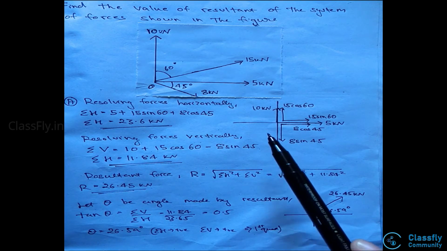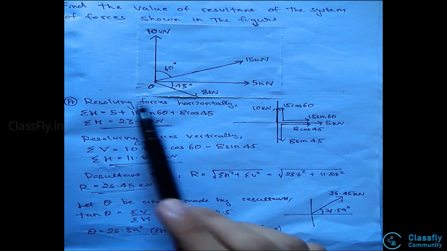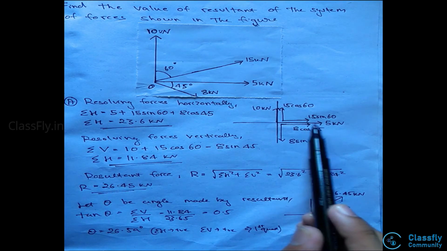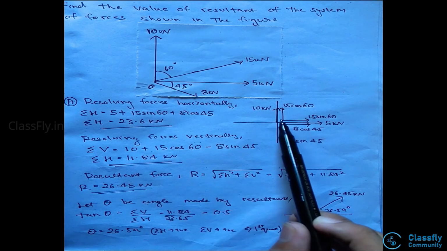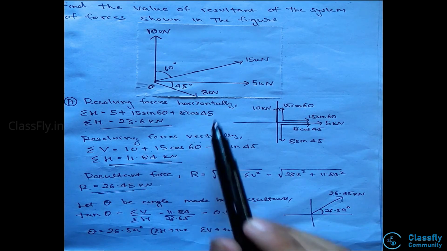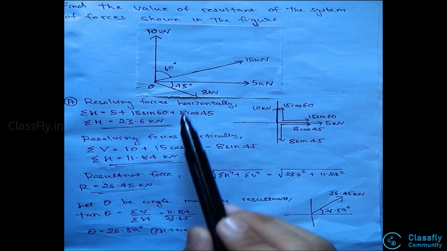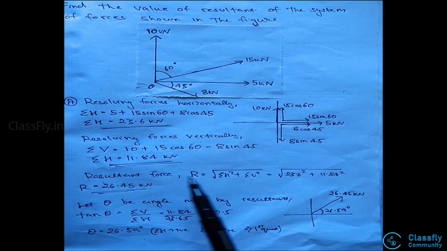the forces which act on the x-axis. Doing so, we get summation H is equal to 5 kilonewtons plus 15 sin 60 plus 8 cos 45. These are all the forces which are acting horizontally.